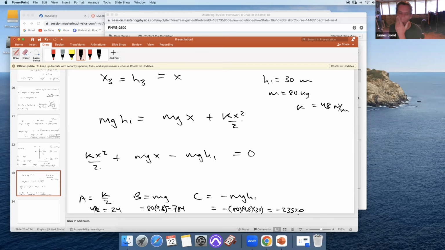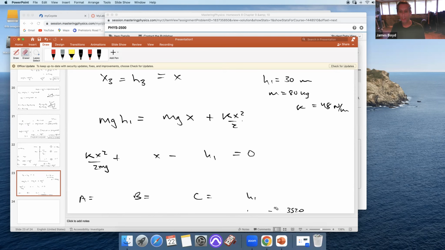In order to make this a little bit easier, I'm going to do something a little weird. I'm going to divide through by mg. So if I do that, what I'm going to get is that my A is now the following. And if I divide this side by mg, it doesn't matter because I have 0.